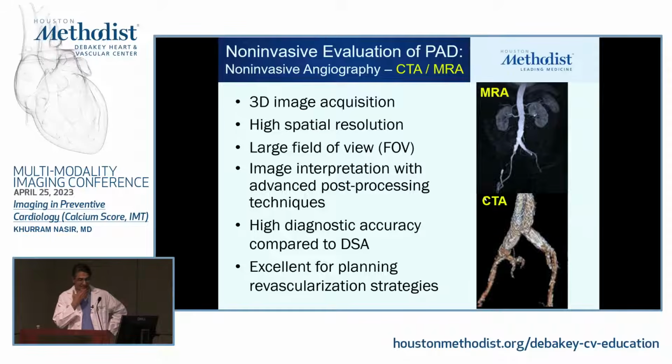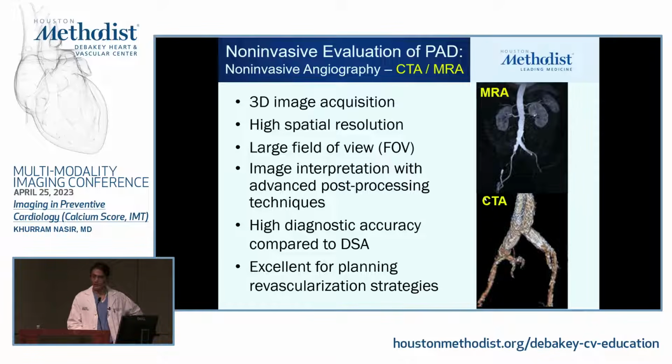What about these guys, CT and MR? I'm a fan of them, so I'm biased, but I'm trying my best to give you a very balanced approach to all of this. But these techniques, as you've come to know, are unlike 2D angiography. This is a 3D technique. It has very high spatial resolution. Maybe not as high as what we're seeing in the cath lab, but at least with CT, very comparable.